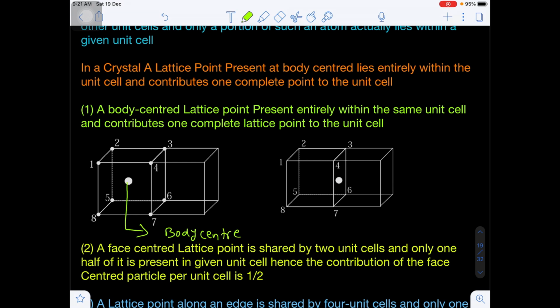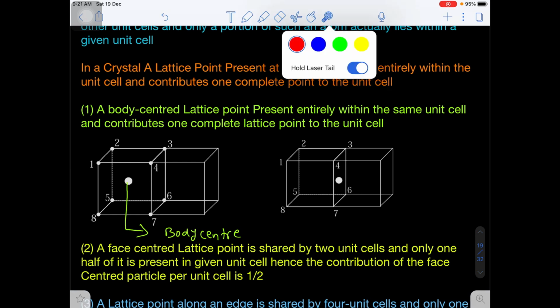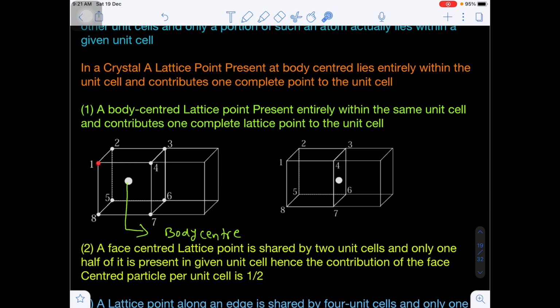The lattice point is completely present within the given unit cell. These are the total 8 corners of a unit cell. In this unit cell only this lattice point is located. That means this point is 100% corresponding to this unit cell only. Are you getting my point?